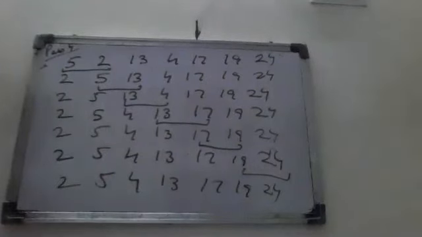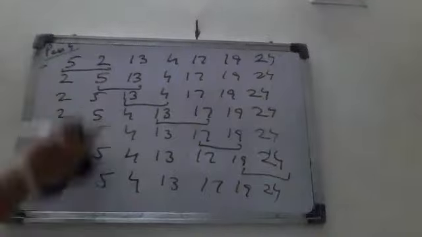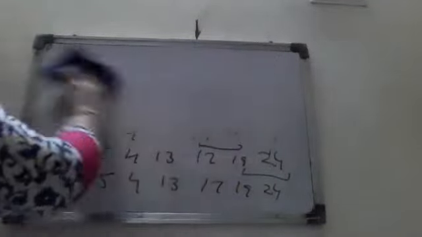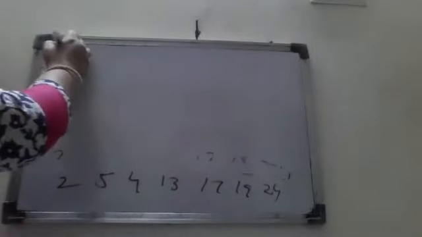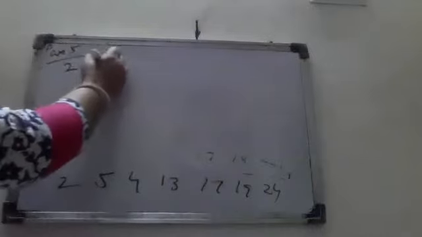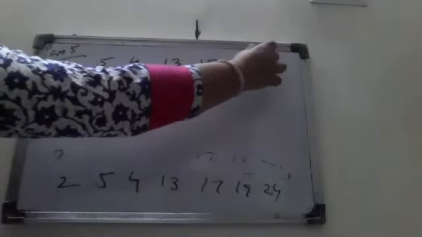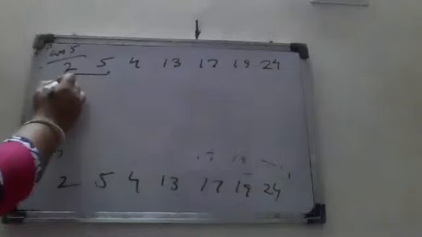Now we'll start with pass 5. This is the result of pass 4. We have to copy this again to get into pass 5. Firstly, we'll compare this. The answer still remains the same because there is no swapping.